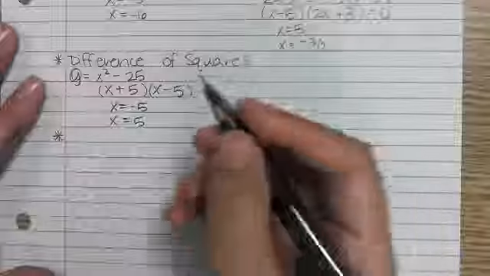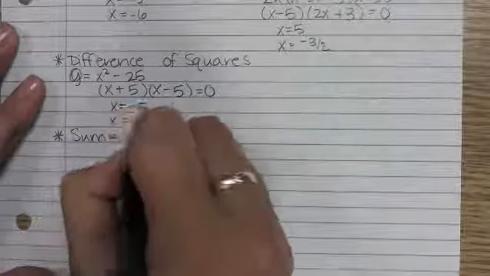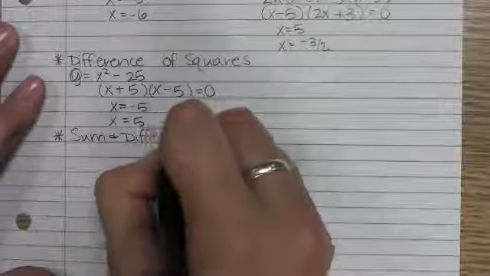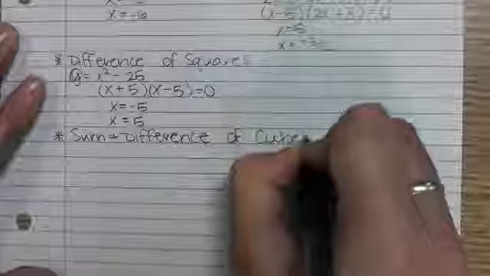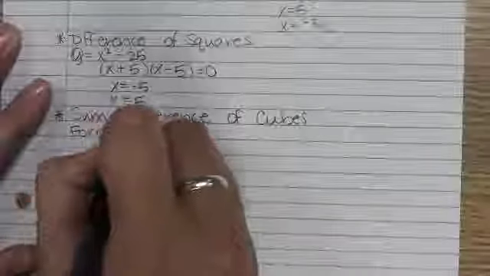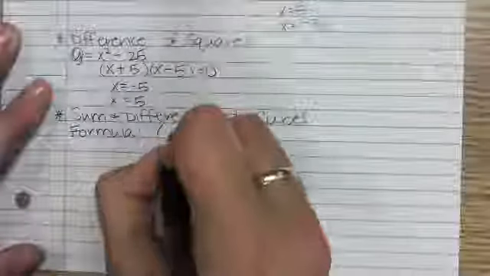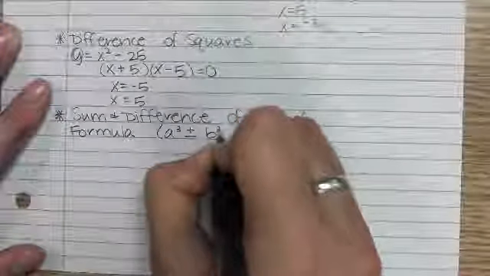Okay. This next type of factoring is actually brand new to you, and this is the sum and difference of cubes. When you see sum and difference of cubes, we're going to have a formula for factoring this. And that's going to be a to the third plus or minus b to the third.